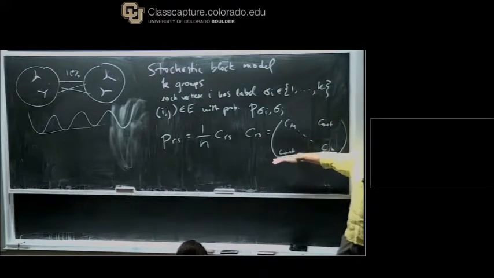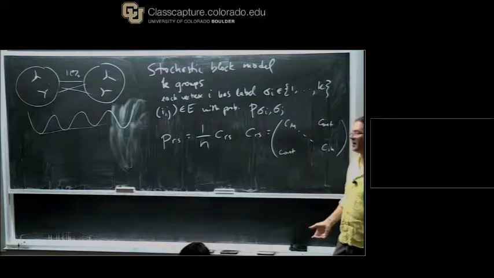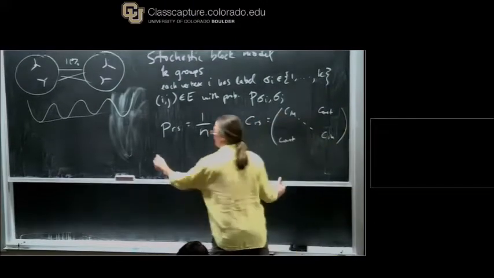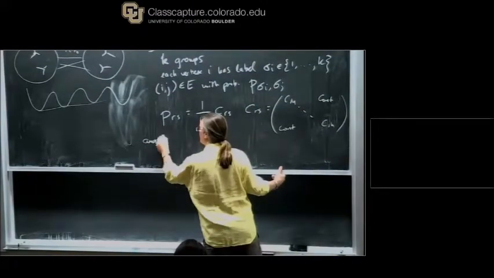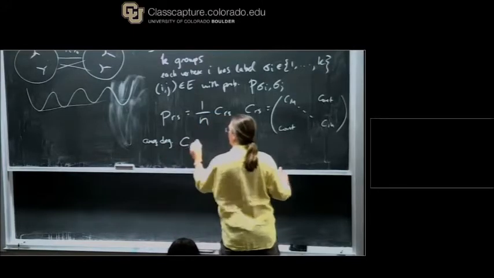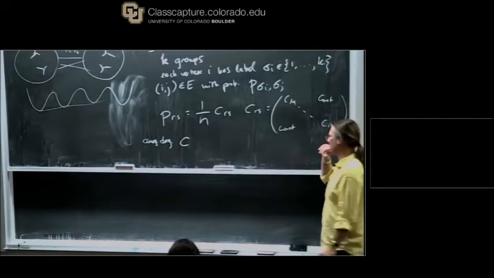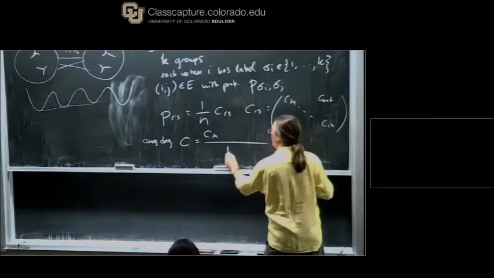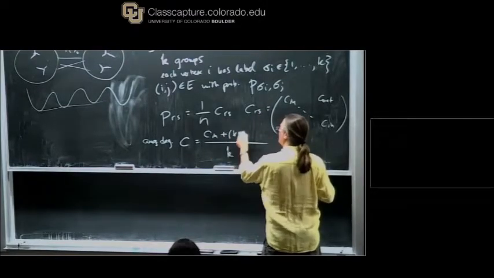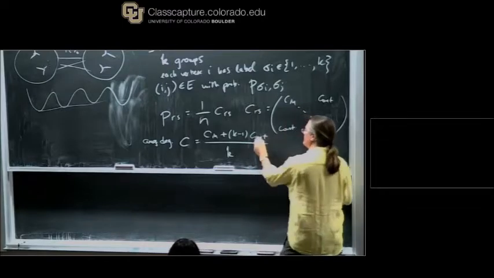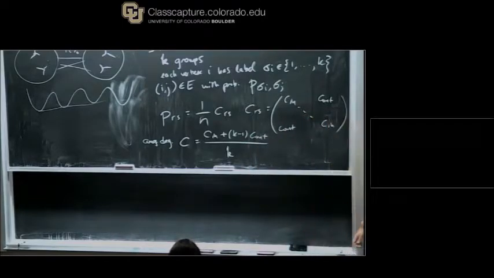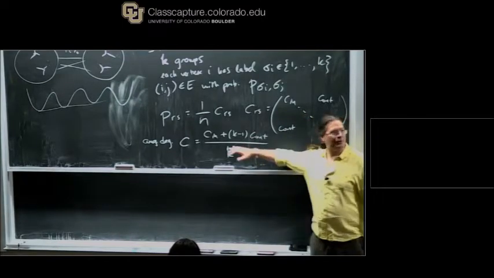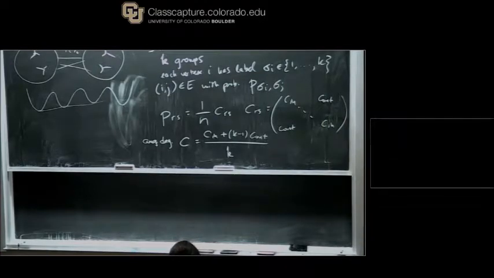Because of this symmetry, this permutation symmetry, and because the groups are of equal size, this also means that the average degree, which I'll call C, and I hope that won't generate confusion, will just be (C_in + (k-1) C_out) over k, because there are n over k things in each group that you could connect into, and the n's cancel.